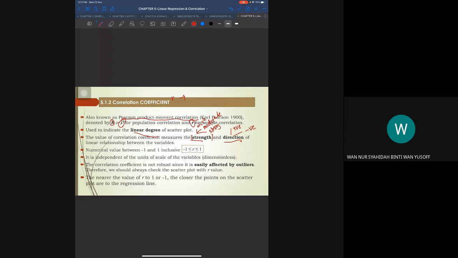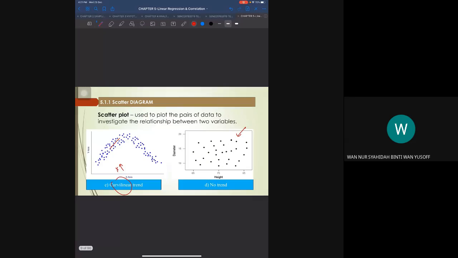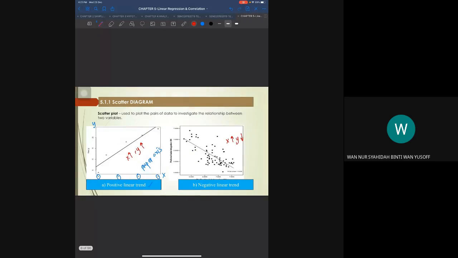By using a scatter plot, we cannot know the exact strength of the relationship, but we can get a good sense of it. The line that we have here, we call it the regression line. If your data points are close to the regression line, it means you have a strong relationship.